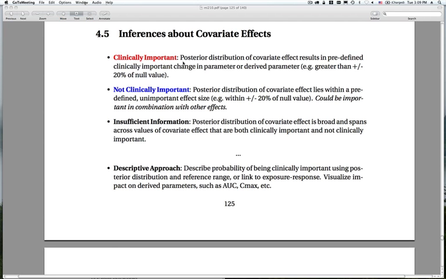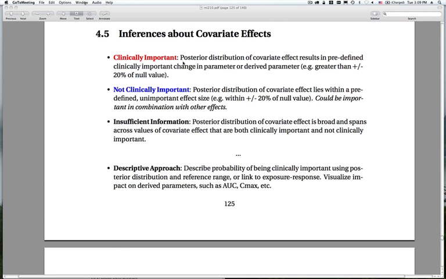So in the absence of knowing what that change is, we might define it as a bioequivalence criteria plus or minus 20% from the null value. And so we might say something's clinically important if the entire interval was outside of that null value. You might say something's not clinically important if the entire interval is within the plus or minus 20% null value.